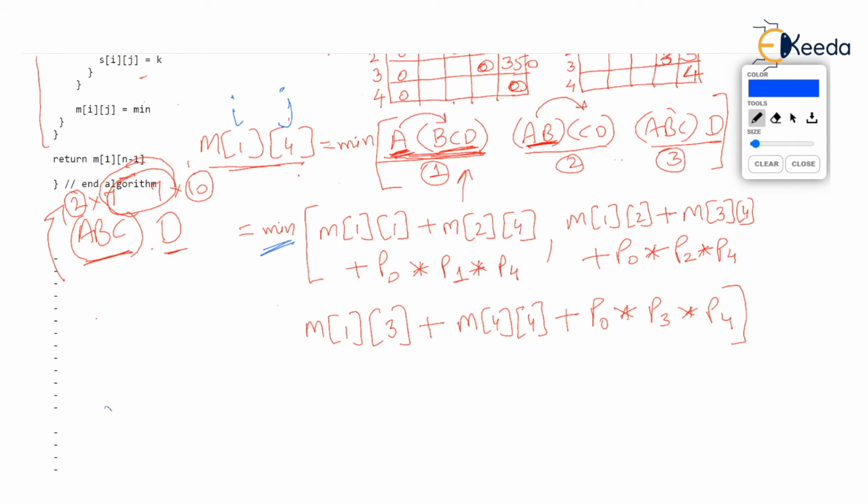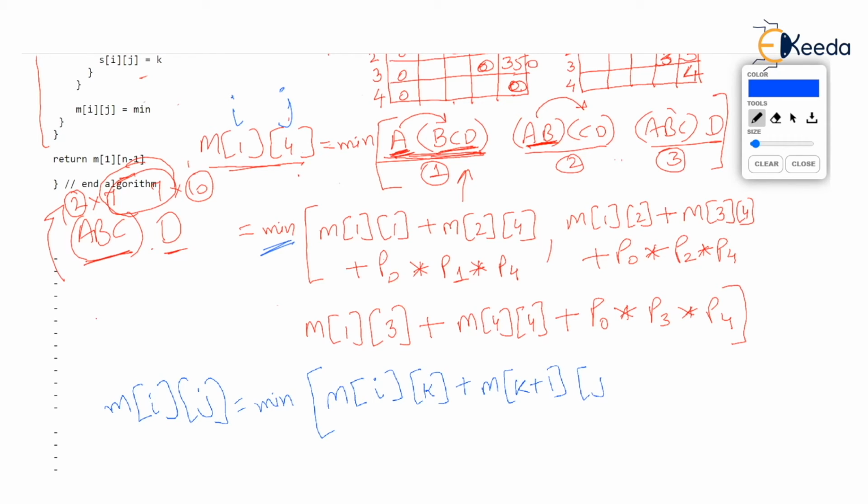When we are computing Mij, then we take the minimum of M, just check this very carefully, M ik plus M k plus 1 j plus p i minus 1 into pk into pj.